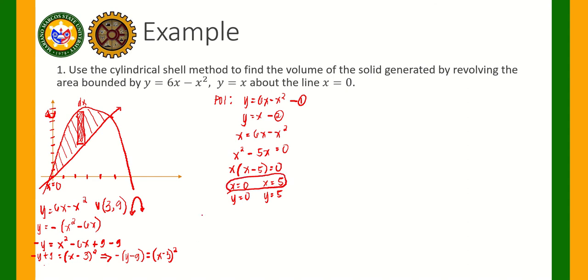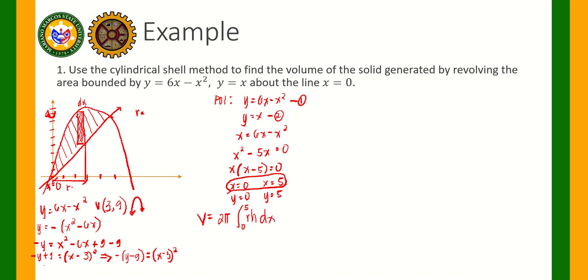So, yung formula natin is v equal to 2 pi times the integral of rh dx from a to b. Or, lagay na natin 0 to 5. Now, what is our r? Okay, so yung r natin is the distance here sa end ng ating strip to the axis of rotation.